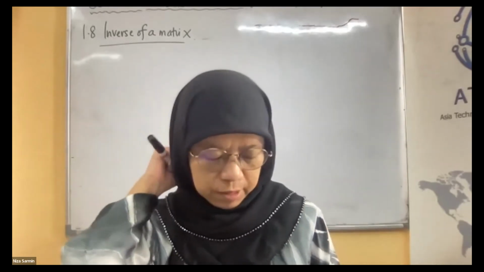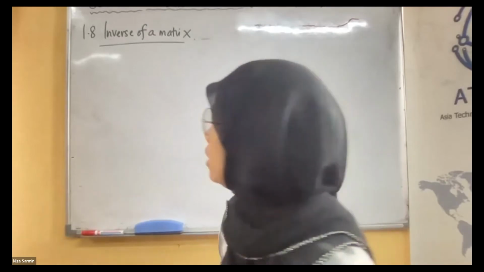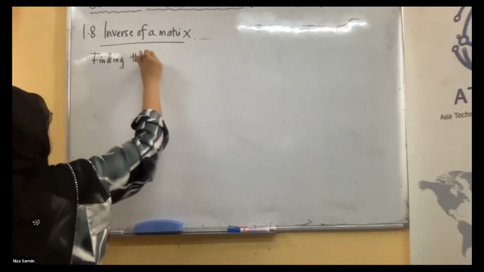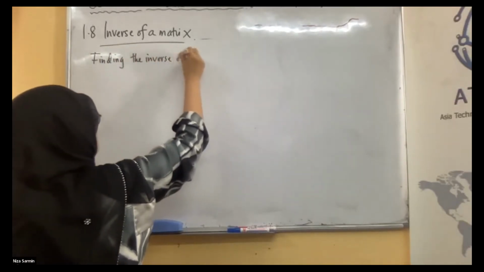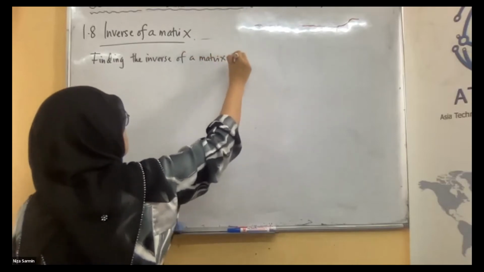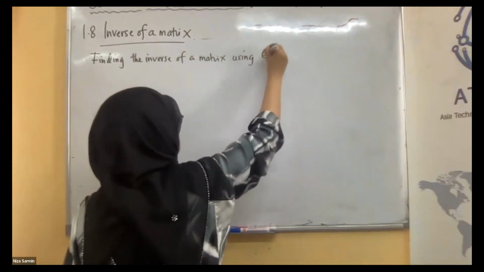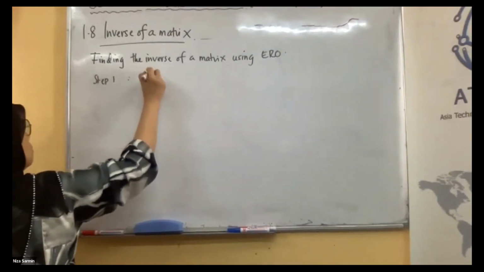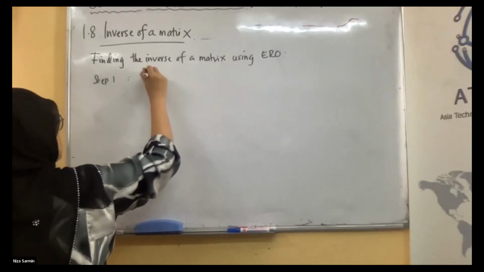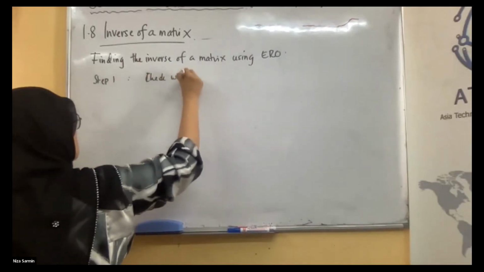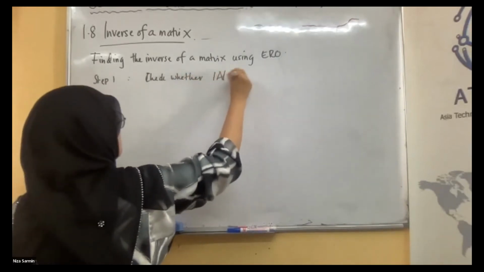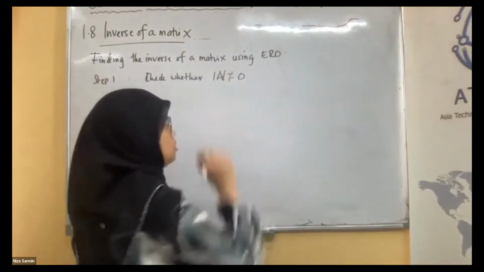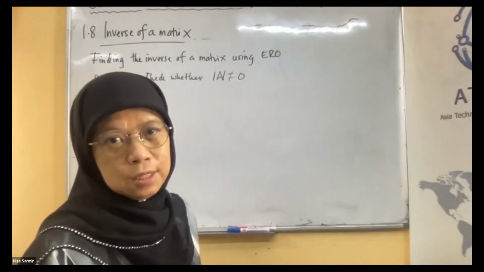The steps are given in my notes. Finding the inverse of a matrix using elementary row operations. Step 1, sometimes you want to check whether the determinant is 0 or not. You don't want it to be 0, because we want to find the inverse.